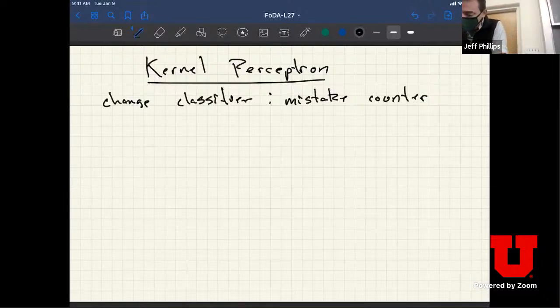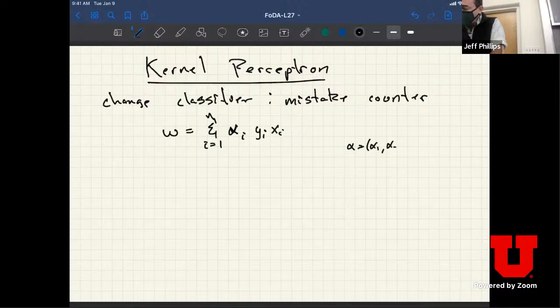So my w vector, I'm going to write as the sum from i equals 1 to n of alpha i yi xi, where alpha is alpha 1, alpha 2, up to alpha n.